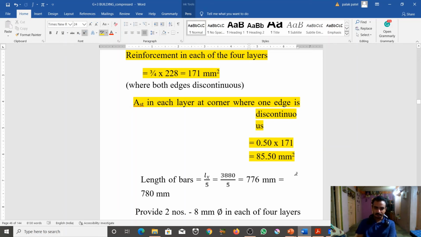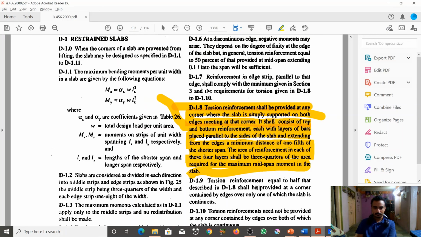These are the areas where one edge is discontinuous. We need 50 percent here. Torsion reinforcement equal to half that described in the previous clause shall be provided at the corner contained by edges over only one of which the slab is discontinuous.